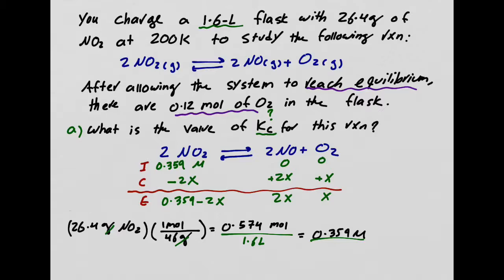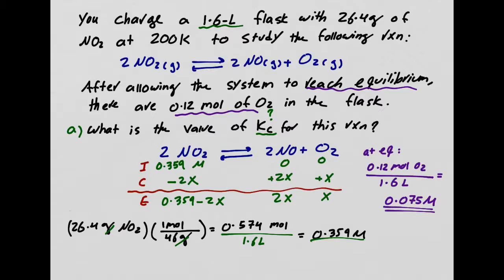So at equilibrium, I have 0.12 moles of O2 over 1.6 liter, because that is the volume of our flask. If I do this, what I end up getting is 0.075 molar. That is the molarity of O2 at equilibrium.